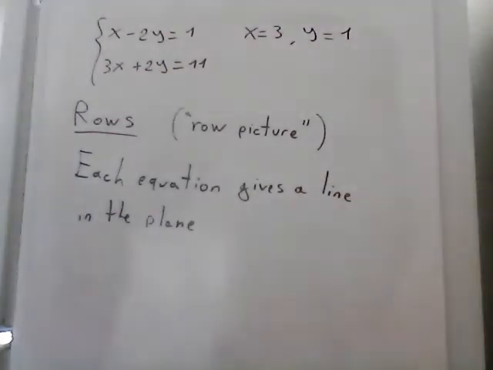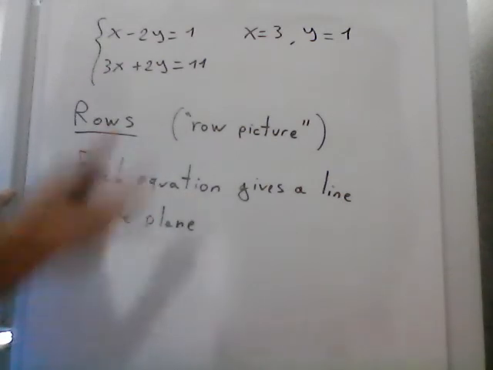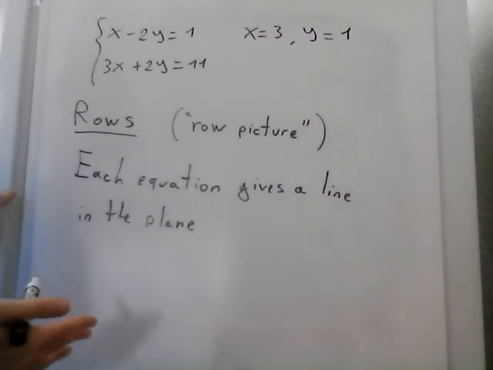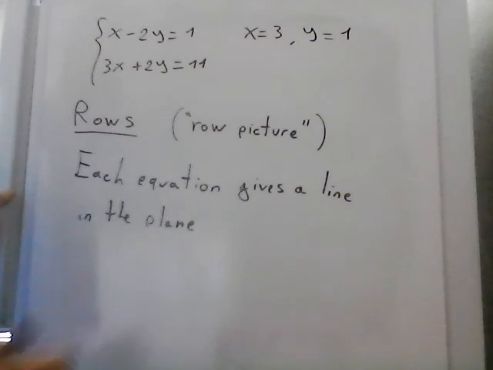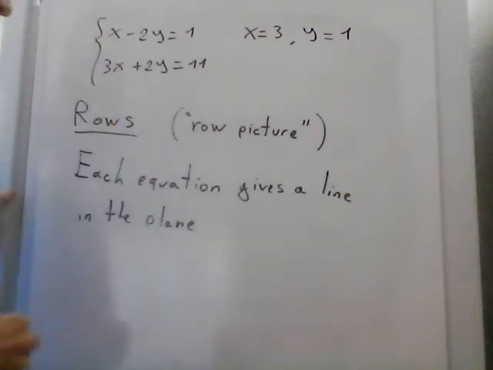And if we add, instead of two variables, three variables, x, y, z, we will get a plane in the three-dimensional space. But here we have only two variables, so each equation gives us a line in the plane.